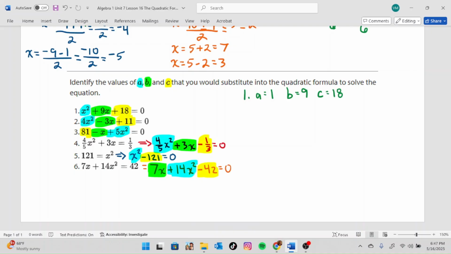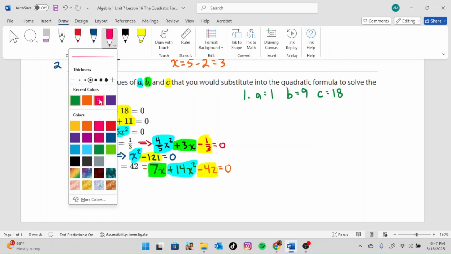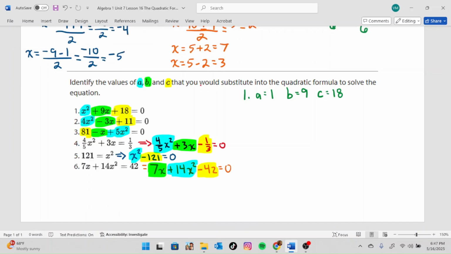These are the values we would use in the quadratic formula. Number 2, the A term is the coefficient with the x squared.